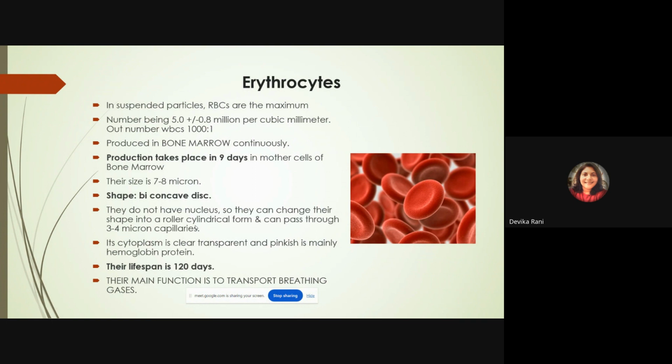Okay. So their shape is in the form of a roller cylindrical form. Because of that, they can easily pass through the capillaries, and the capillary is the smallest blood vessel, which sends the blood to the cell.